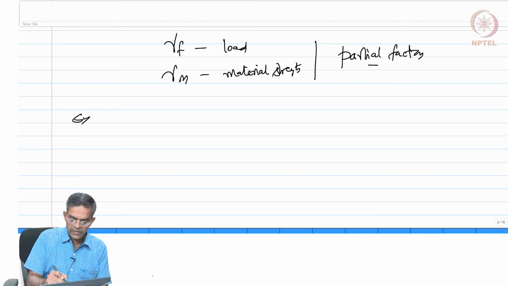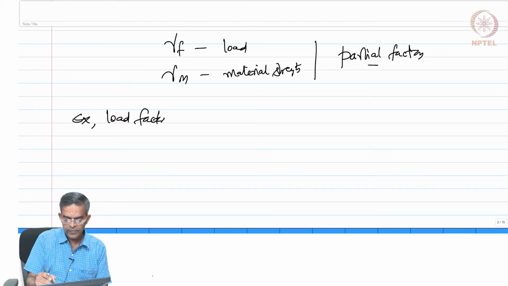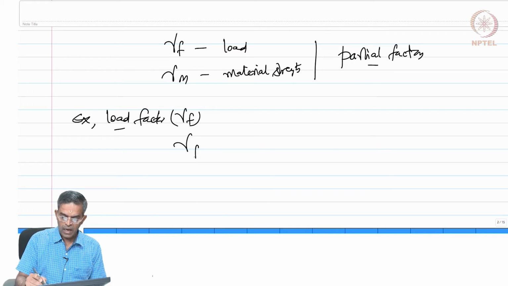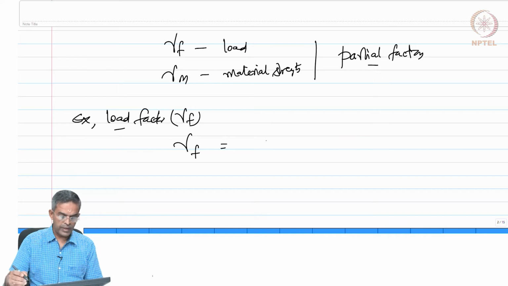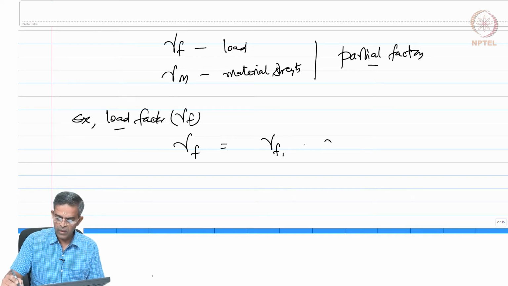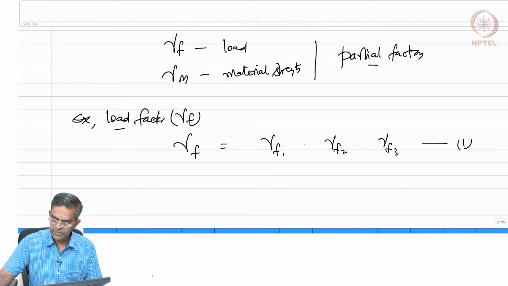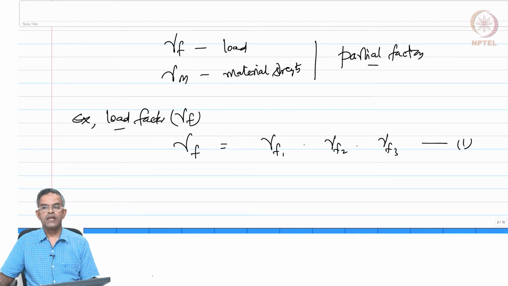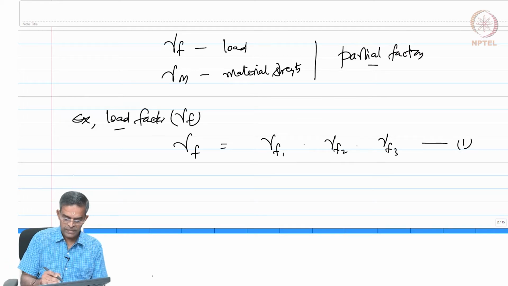So let us take for example the load factor, which is gamma f. In the literature, gamma f is actually a product of gamma f1, gamma f2, gamma f3. So it has got three subdivisions. Let us see what these three subdivisions address.